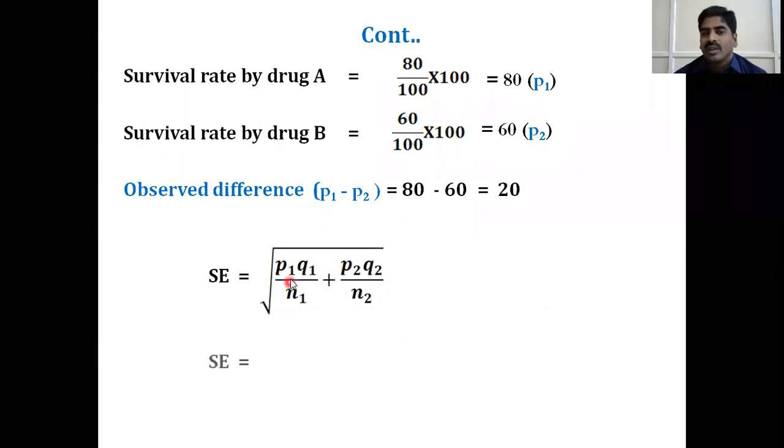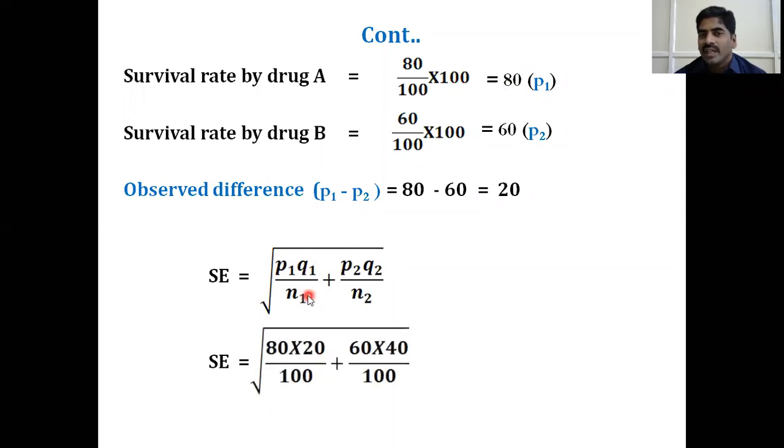In the first group, P1 is 80, Q1 is 100 minus P1, that is 100 minus 80, equal to 20, divided by N1, number of samples in the first group, that is 100.